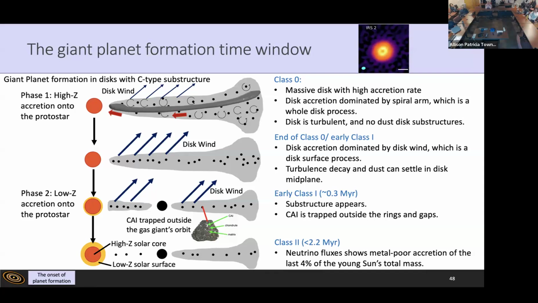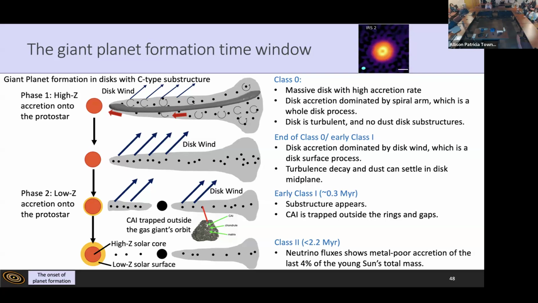And also you need some mechanism to generate these substructures. By early class 1, you start to see substructures. With these substructures, the CAIs can be trapped outside the rings and gaps. This is also the time when the amount of dust accreted onto the central protostar decreases, so this is when you start to build the low metallicity surface for the central protostar.